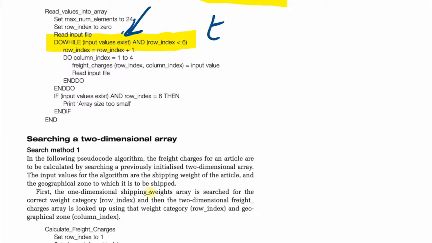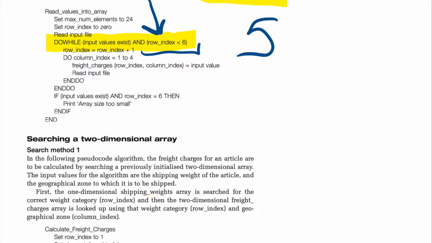This is essentially the not end of file. So we are looking for this loop to continue as long as we have values. And we know that less than 6, which means we've got 5, is going to be our last row of data.